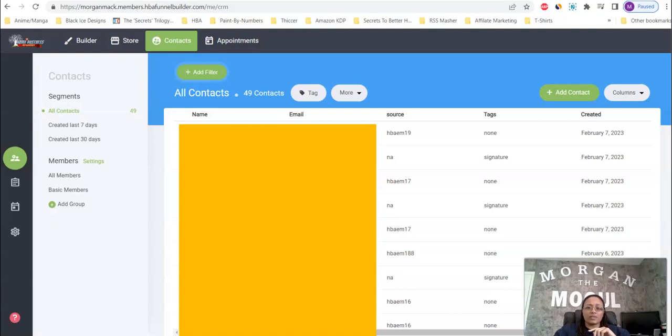I can't click off this because the box will disappear, so I'll show you that in a minute. But I want you to notice that I've already had one sale earlier, before the funnel got set up. And then I've had an additional sale after the funnel was set up.